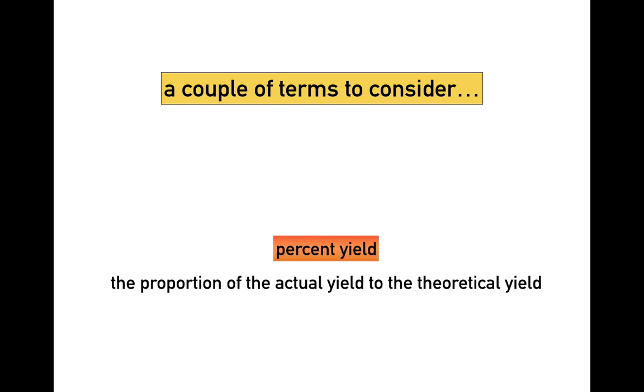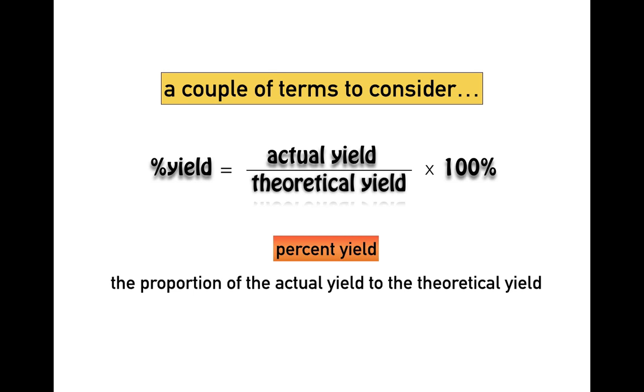You would use your theoretical yield, which is the perfect condition if everything combined, and your experimental yield, where you get your actual results from your experiment, and compare them as a proportion to get a percent yield. So you have your actual yield divided by your theoretical yield times 100 to get a percent yield.